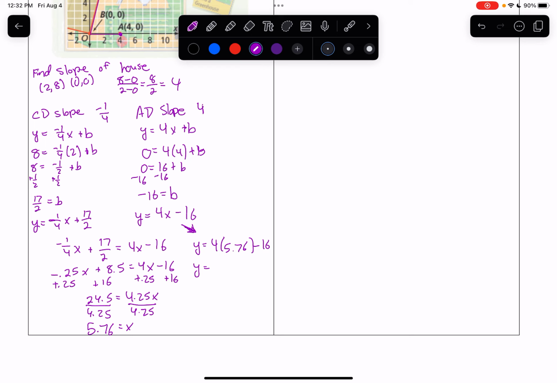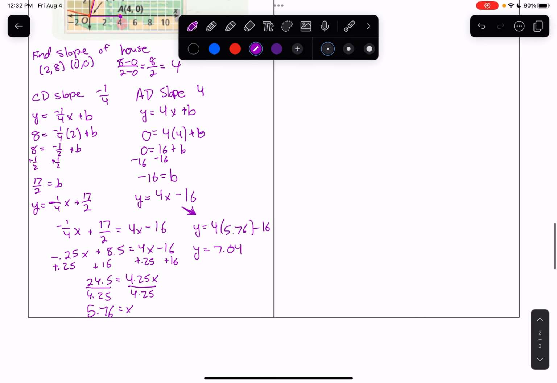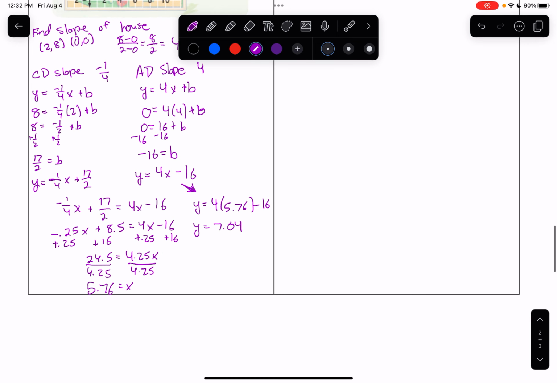Did I do that right? Yeah. Okay. So my point D is going to be equal to the coordinate point 5.76 comma 7.04. Just like that.